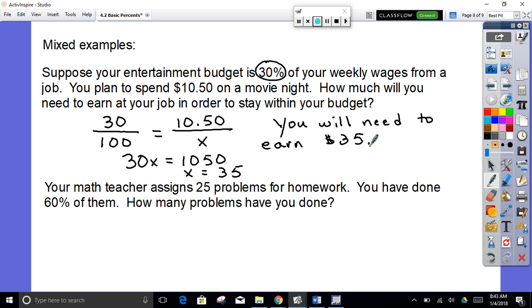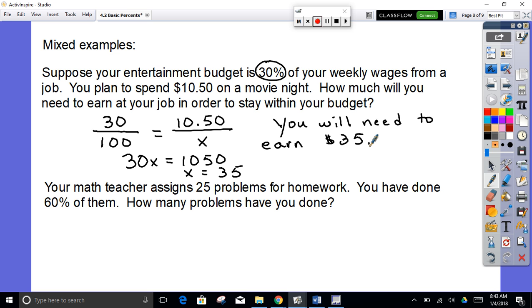And that makes sense. If you were to get a number that was smaller than 10.50, you could go back and say, wait, that doesn't make sense. If I only earned, say, $7, how could I spend $10.50? So you've got to think about whether your answers are reasonable in the context of the problem.